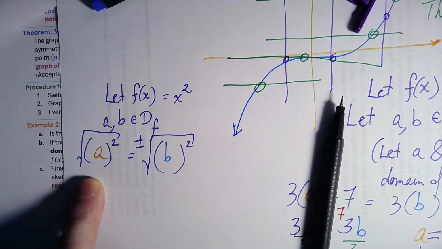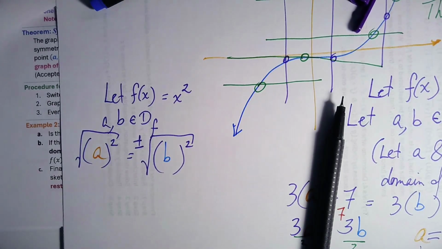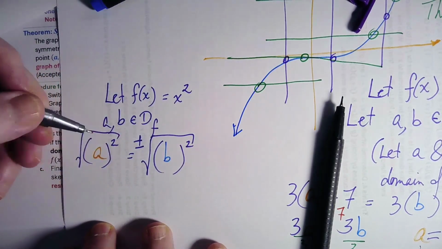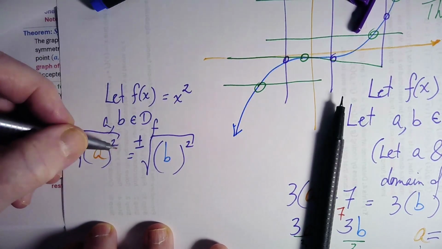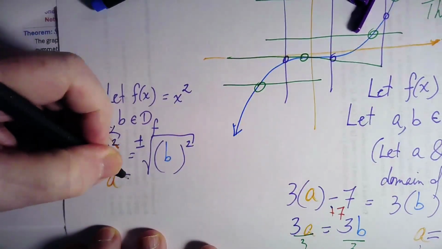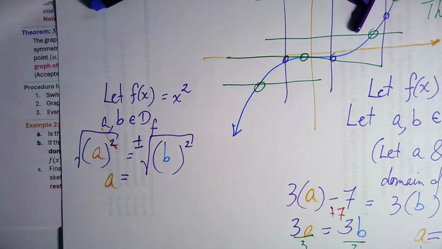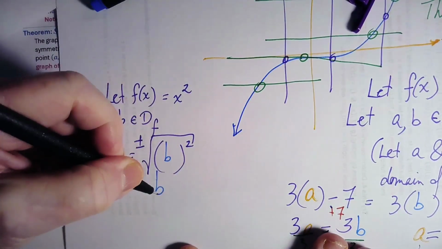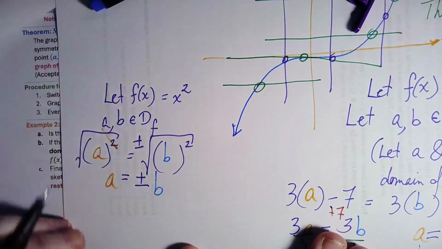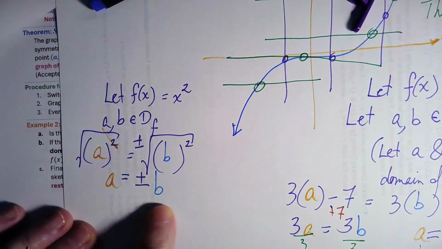The square root of a squared is... do squaring and square roots cancel? Yes, ma'am. Okay, great. And squaring and square roots cancel again. But they don't have to be equal.